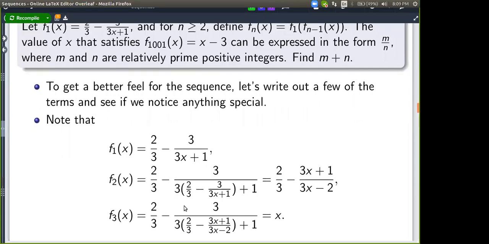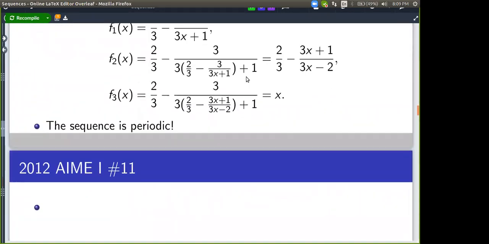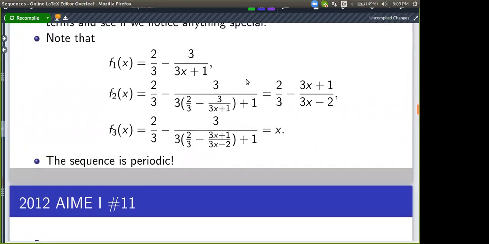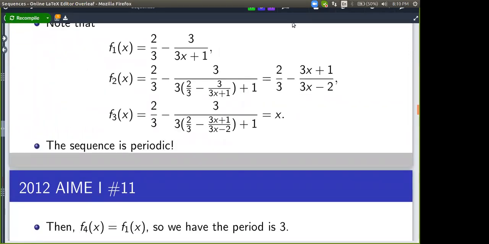And so what that means is that if F3 is equal to x, then F4 is equal to f of F3 of x. So F4 is just f of x. That means the sequence is periodic every 3. So on the next slide, I wrote that the period is 3.